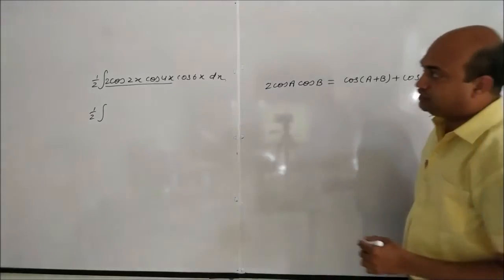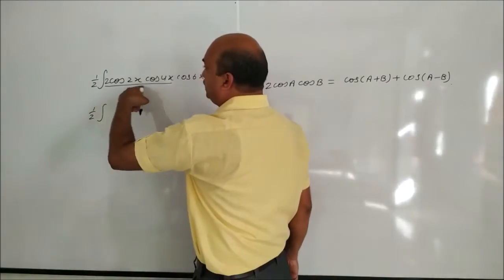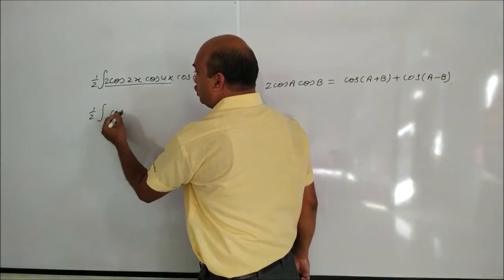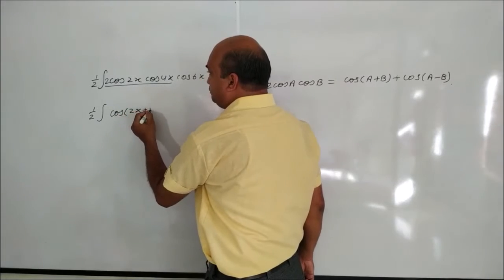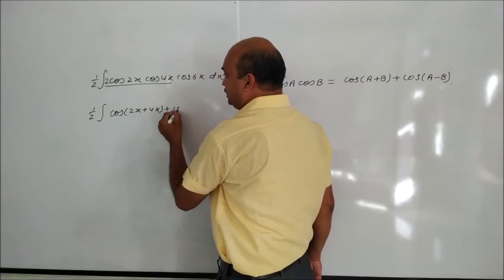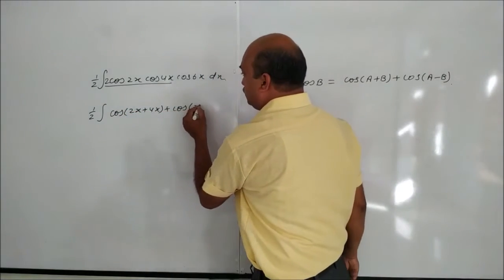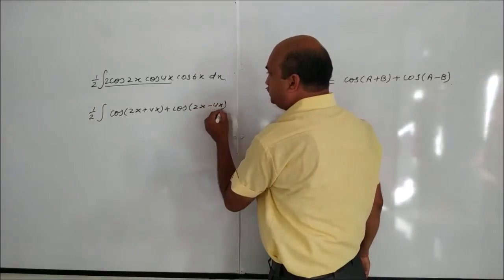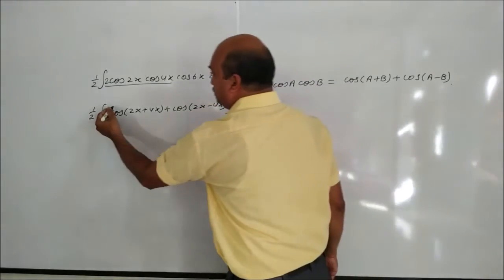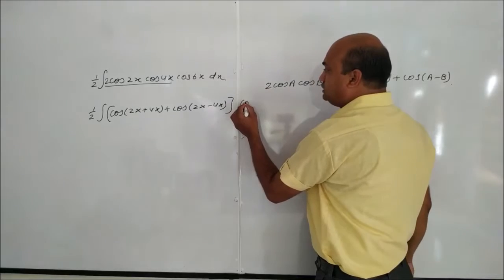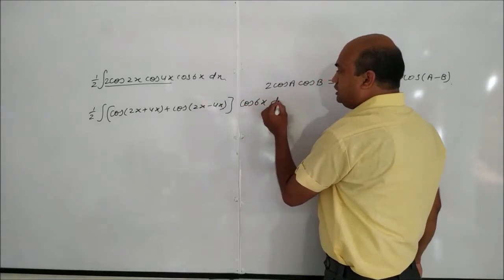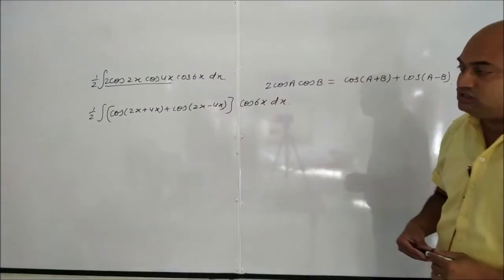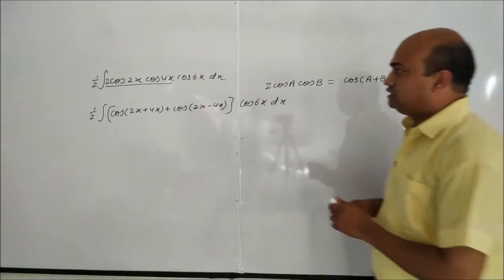This formula we apply here. So this is 2 cos a cos b will be cos a plus b plus cos a minus b. And you see, this cos 6x we write in the same way. Okay, no change in this cos 6x.